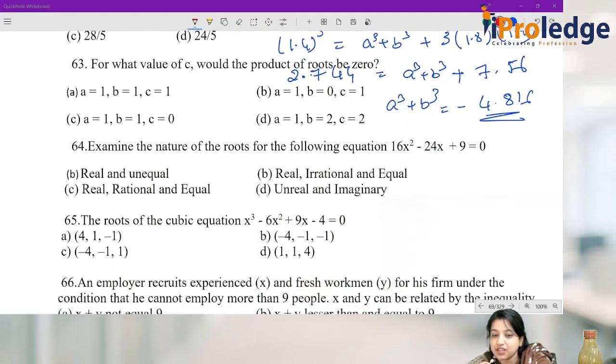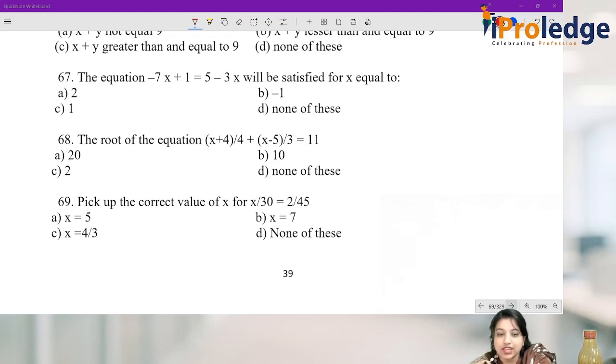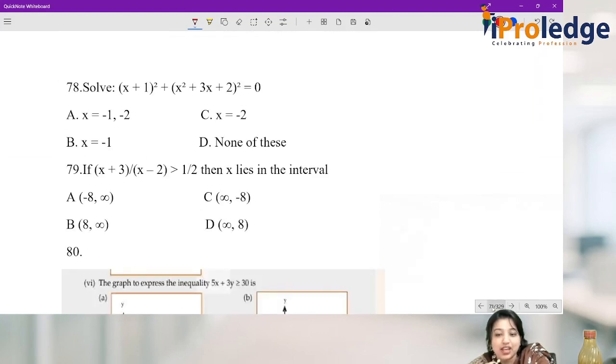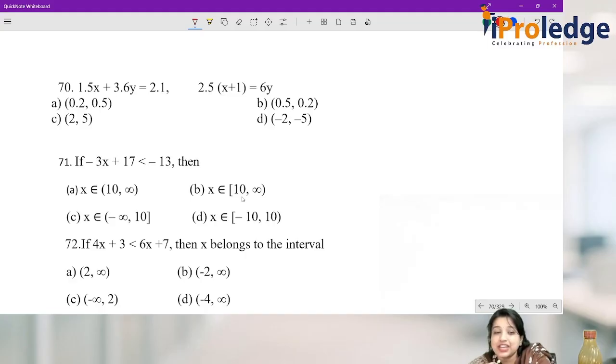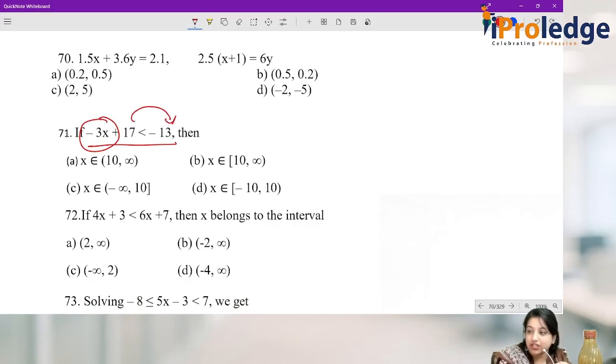So these are important equations. Okay, then I think you will do all the statement questions yourselves. Then we have inequality. Do you remember how to solve it? Okay, with an inequality like this, keep x on the left hand side and bring everything to the right hand side. What happens? Minus 3x is less than minus 30.